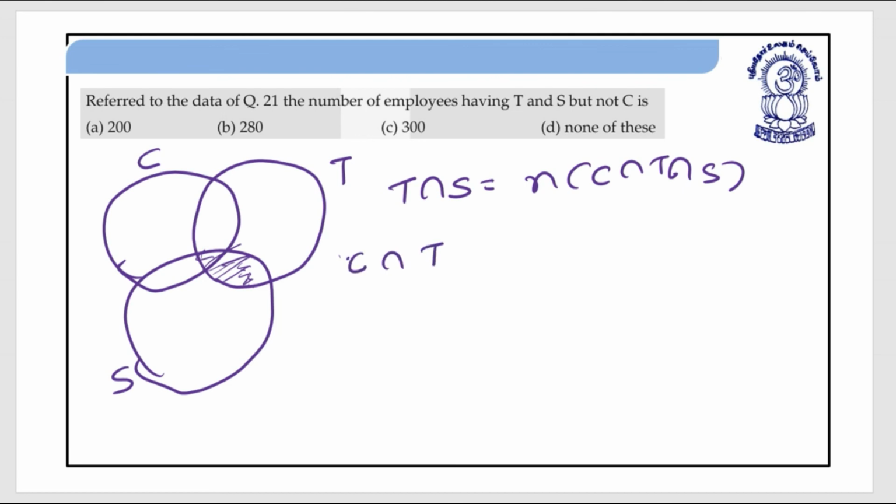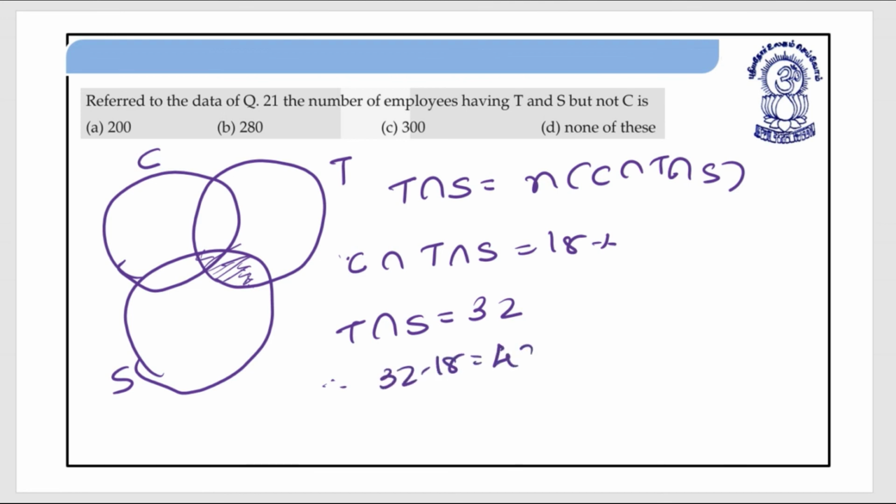C intersect T intersect S is equal to 18%. So T intersect S is equal to 32. 32 minus 18 is equal to 14, 14%.